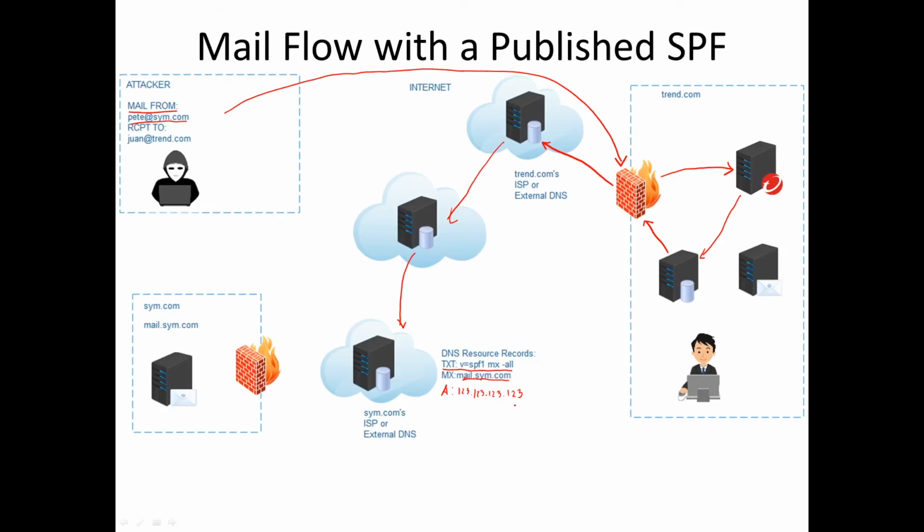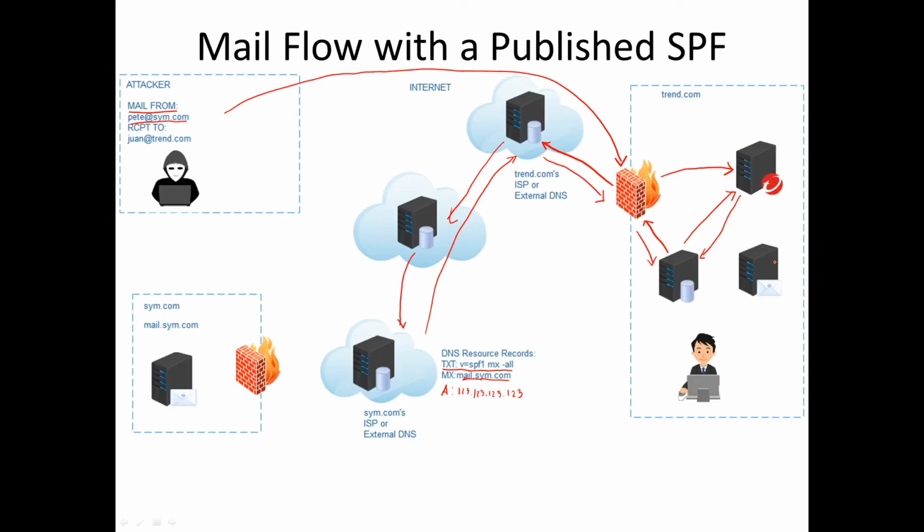So basically, there are 3 records that sim.com's DNS will provide to Trend.com: the SPF record, the MX, and the A record equivalent of the MX. Then the response will be sent back to Trend.com's external DNS, through the firewall, to the internal DNS, to the email gateway.